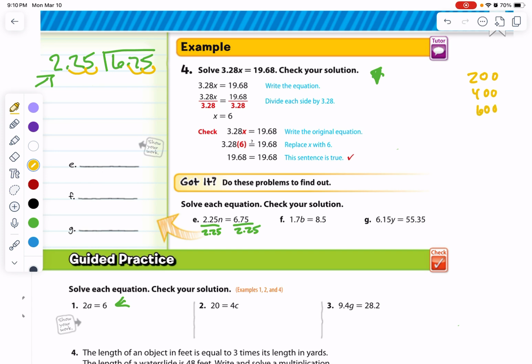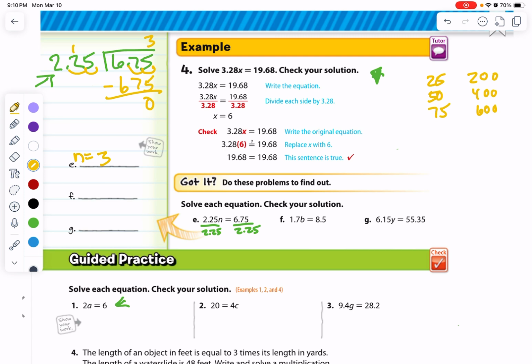I feel like it might go in 3 times. And if we take the decimal part, 25, 50, 75, yeah, I'm confident. 3. 3 times 5 is 15. 3 times 2 is 6 plus 1 is 7. 3 times 2 is 6. Yep, it checks. That monstrous looking equation was just 3. n equals 3. I feel pretty confident now.